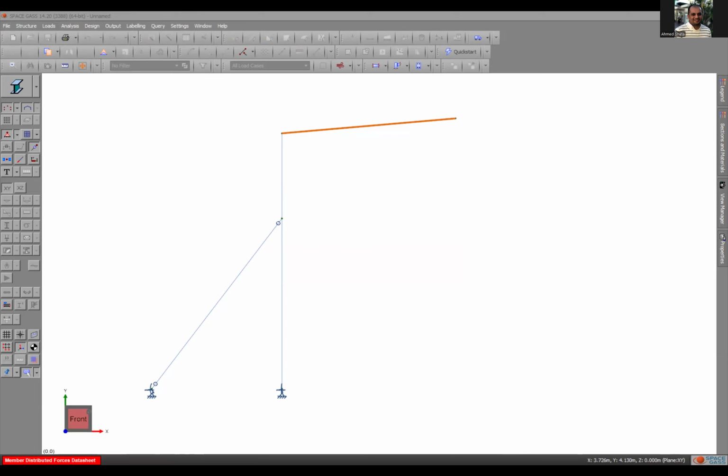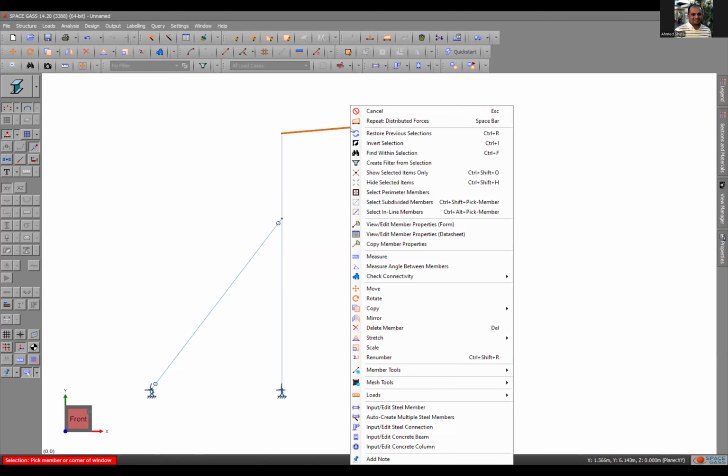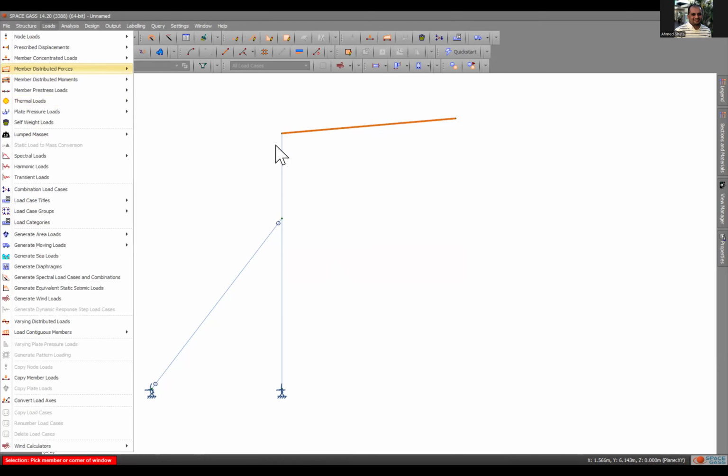I think it shows in a different screen. So loads, member distributed force.